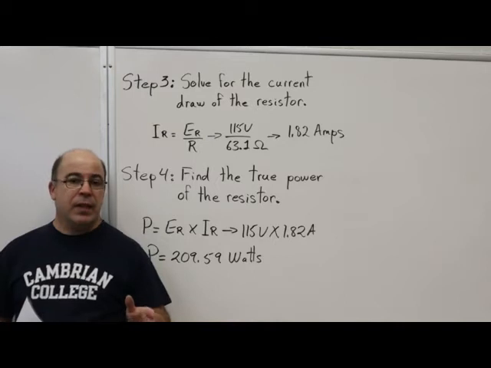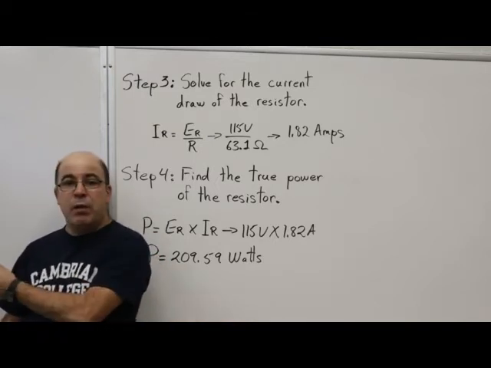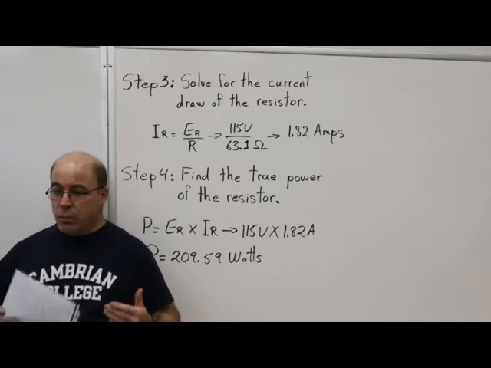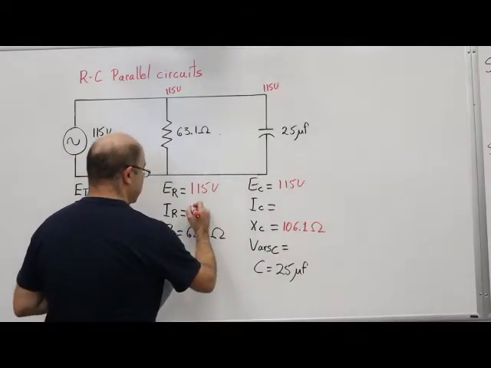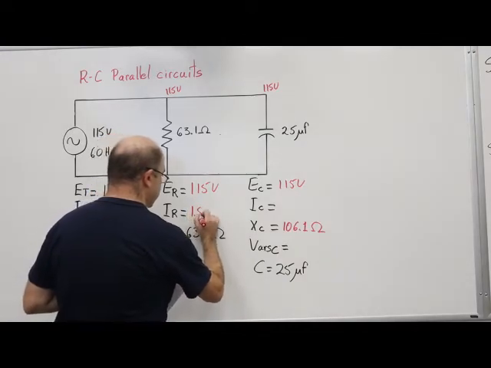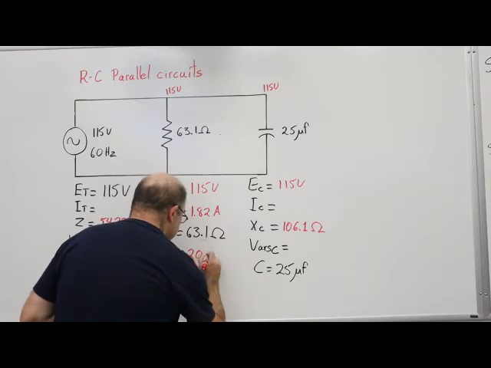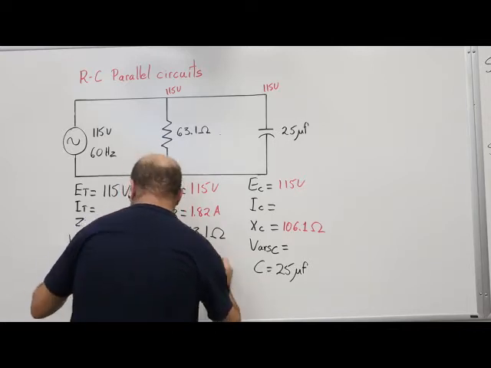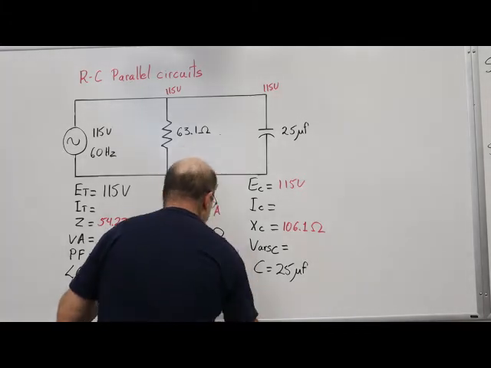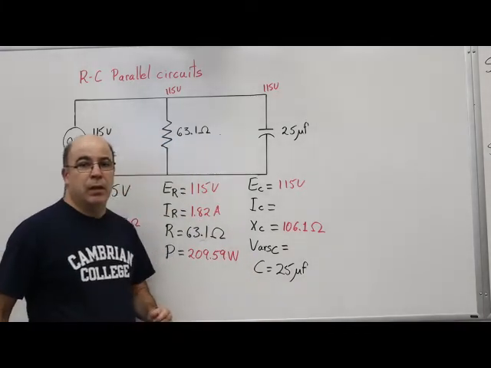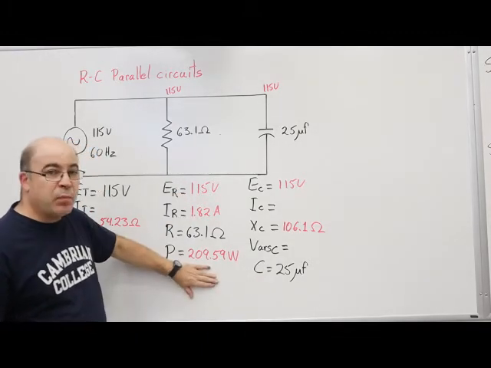I've calculated everything that was missing for the resistive branch. I'm going to input this on the chart, and then we'll discuss what our next move is. Now, everything has been filled out for this branch.